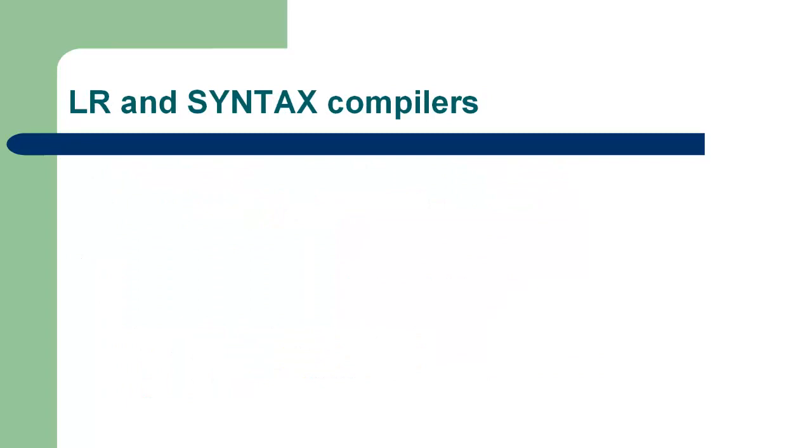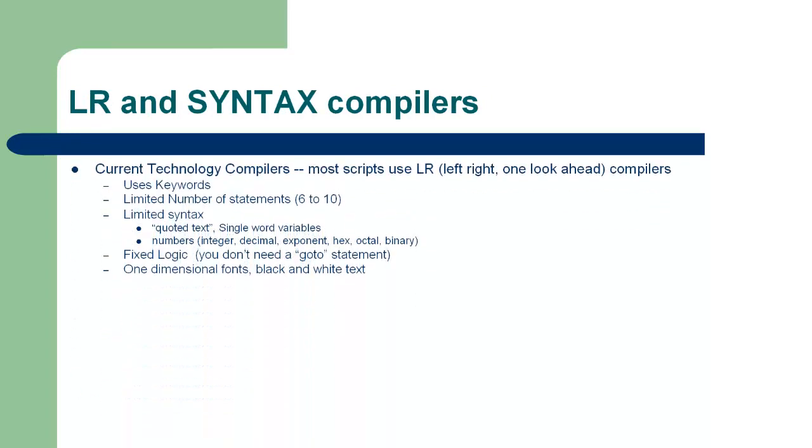So we have LR and syntax compilers inside Django. Our current technology compilers, most of these compilers use LR, which is left-right, one look-ahead compilers, the Dragon book. And this technology uses keywords. And that's really irritating because you can't use one of those keywords in your application.